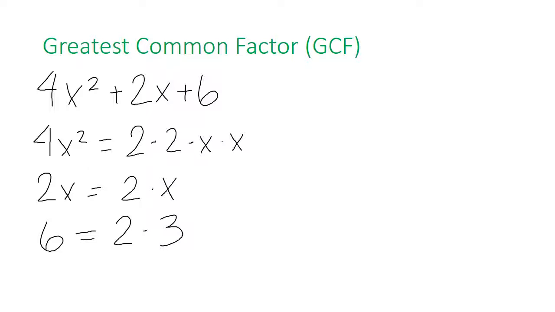If you notice, between the first, the second, and the third one, we have the 2 as a common factor, and this 2 is the greatest common factor. Once we were able to find the greatest common factor, we can factor out our trinomial by the 2.